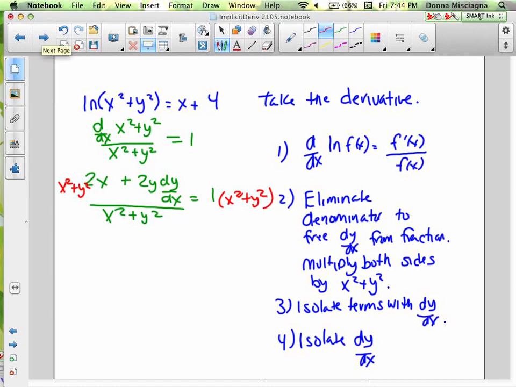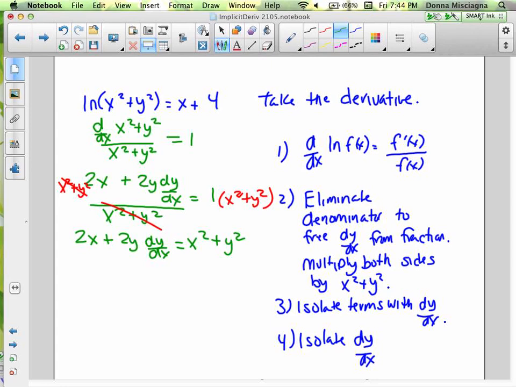So if we multiply both sides of this equation by x squared plus y squared, it cancels on this side, and we have, I'm going to write in green, 2x plus 2y dy/dx equals x squared plus y squared.